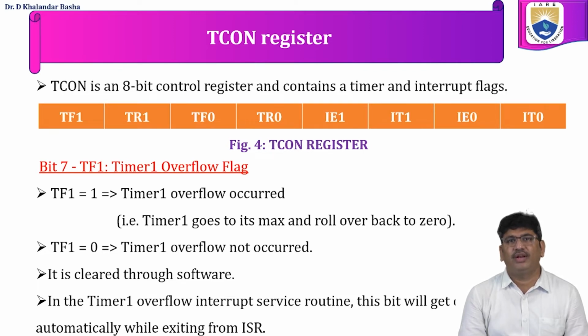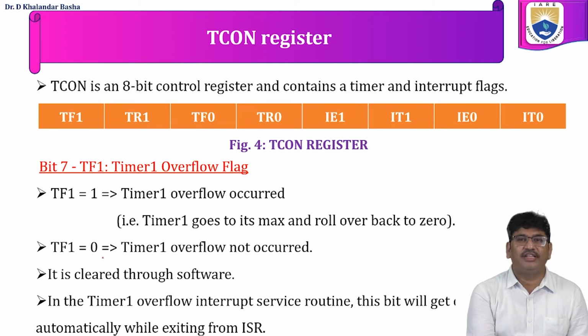Whatever count we load into the registers of timer 1, whenever they overflow from the maximum value to 00, the overflow is indicated on TF1. If TF1 is equal to 1, it indicates the timer 1 overflow occurred, that is, timer 1 reached its maximum and rolled over back to 0.